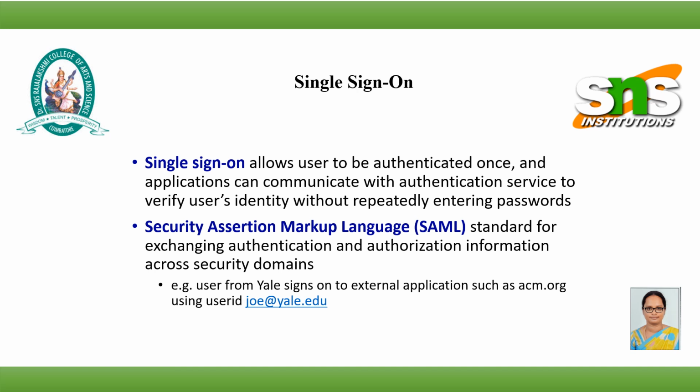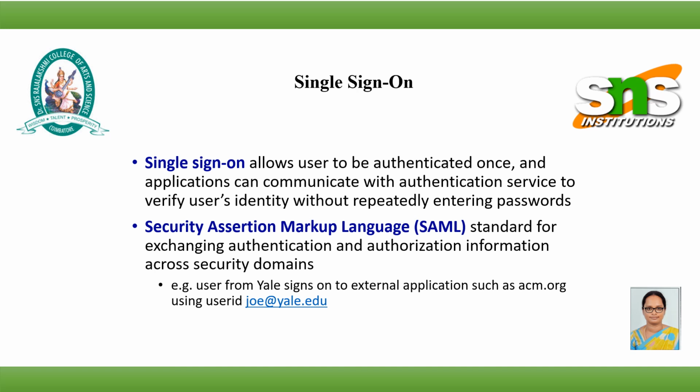Next, single sign-on. Single sign-on allows a user to authenticate once, and applications can communicate with the authentication service to verify the user's identity without repeatedly entering passwords. SAML, the Security Assertion Markup Language, is for exchanging authentication and authorization information across security domains. For example, users from a university sign on to external applications using their user ID.